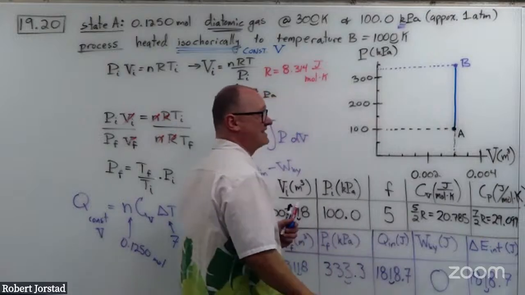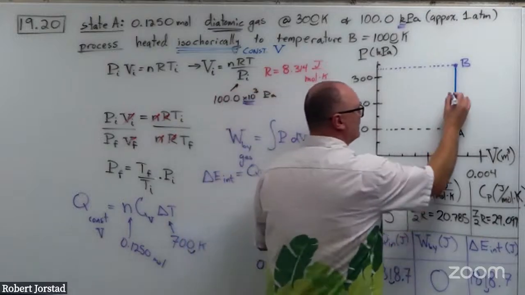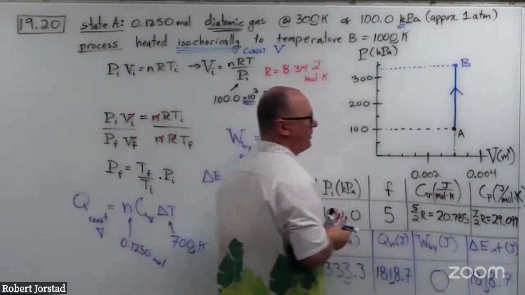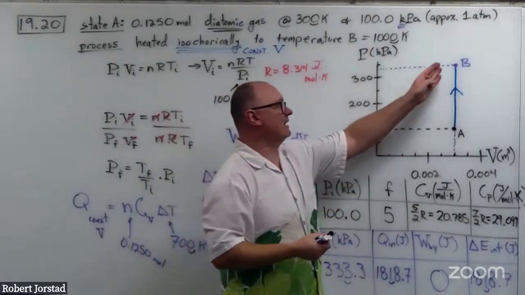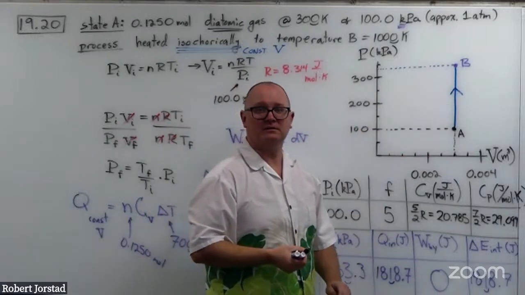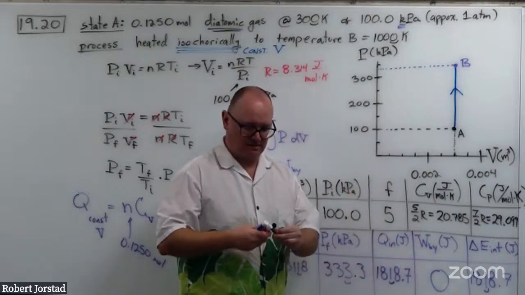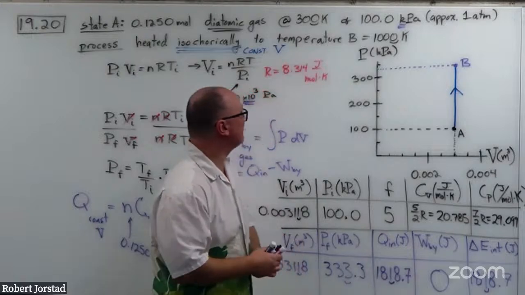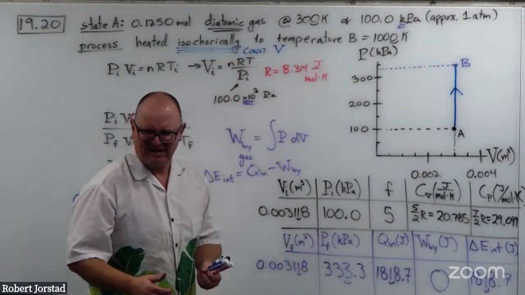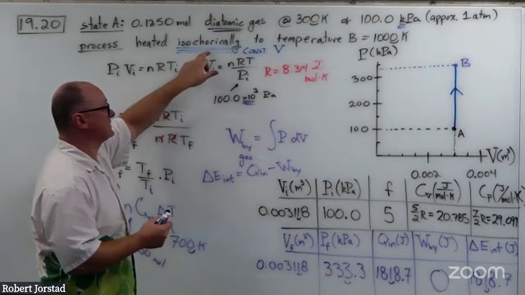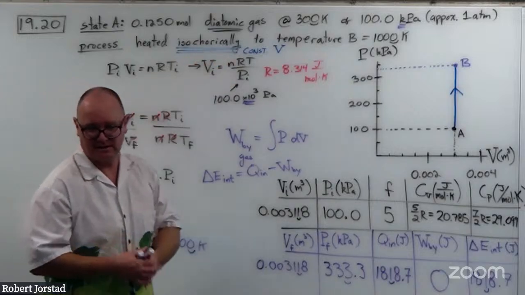And then that's not good enough. You have to include the process area. Quick check. What's the area under that curve? 0. What's the work done? 0. That's an isochoric process, a constant volume process. Not much more to say there.